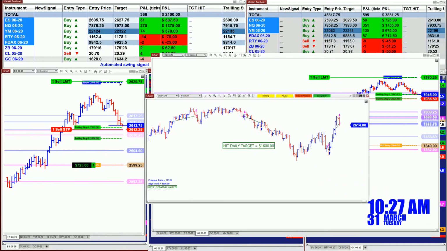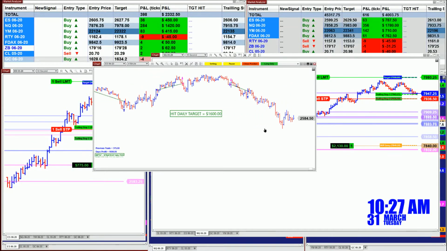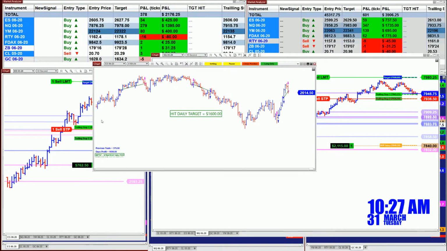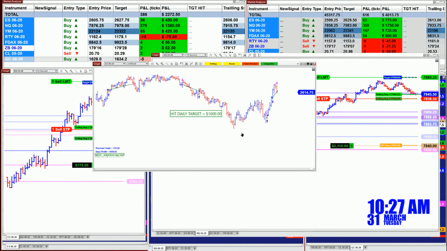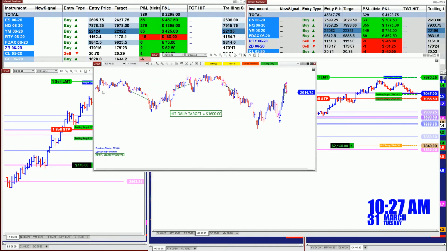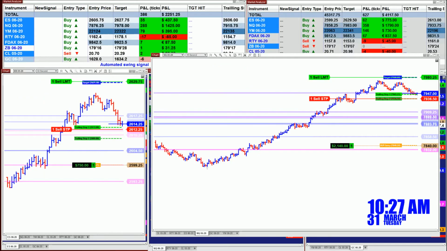Well, we shared this template with you guys, and this one here based on one contract is also beautiful. 1,600, and it's beautiful, clean, nice. 1, 2, 3, 4, 5 winning trades, and it's done. It's beautiful.